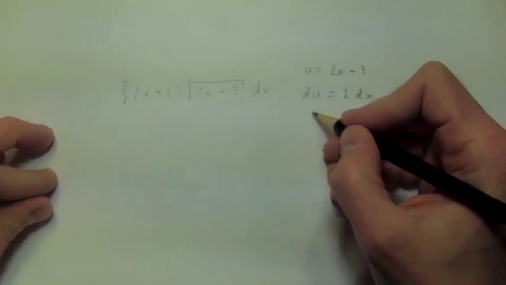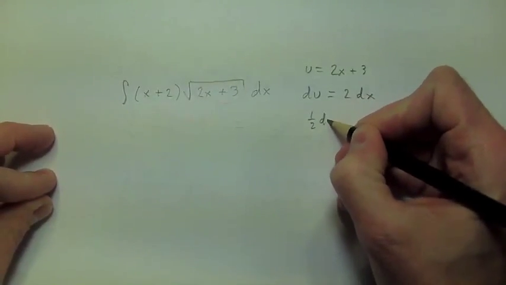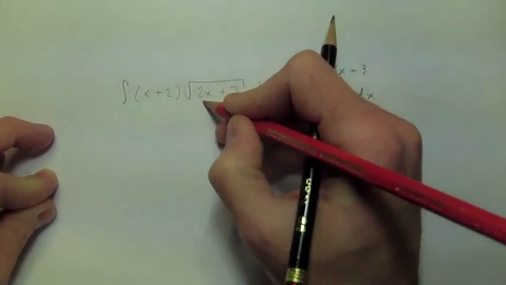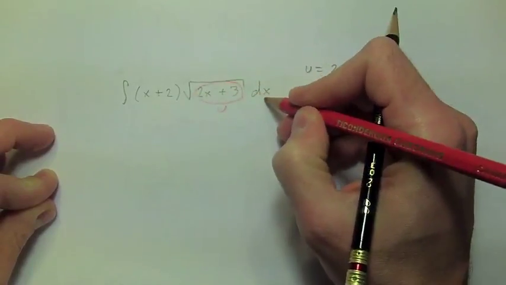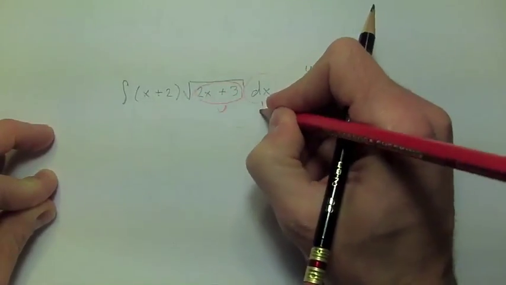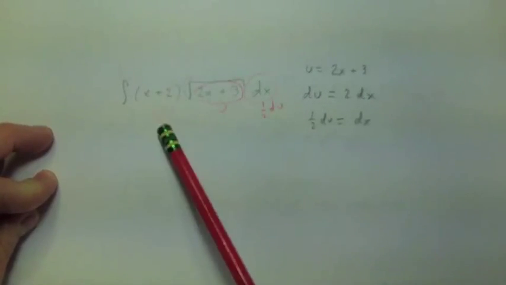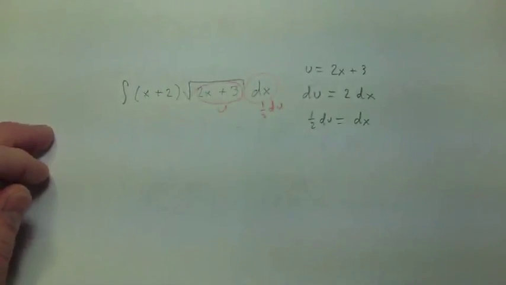Okay, so first thing I'll do is 1/2 du is equal to dx, so I know that this guy is going to be u, this guy is going to be 1/2 du, and now I need to worry about this x plus 2.